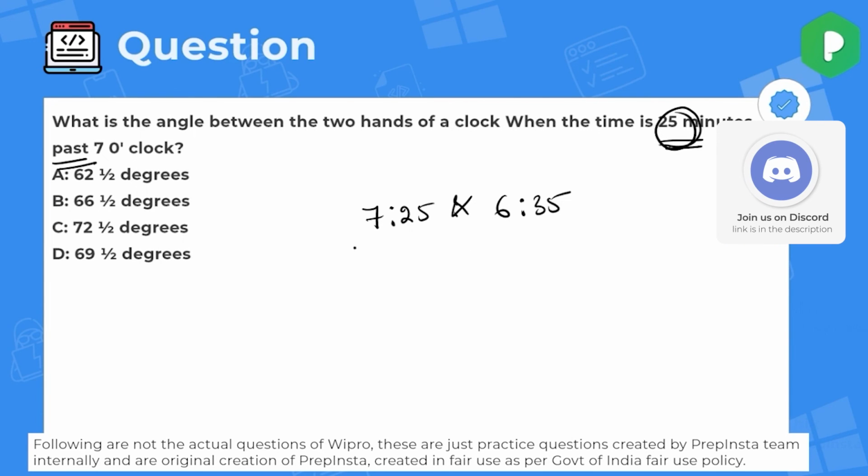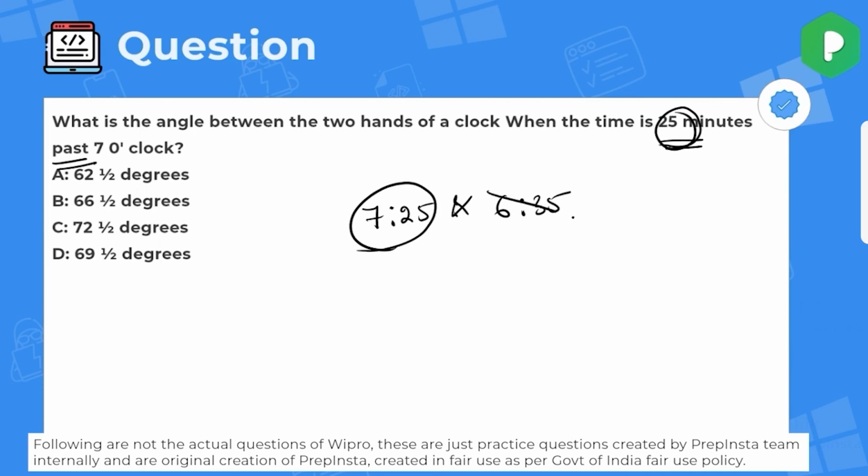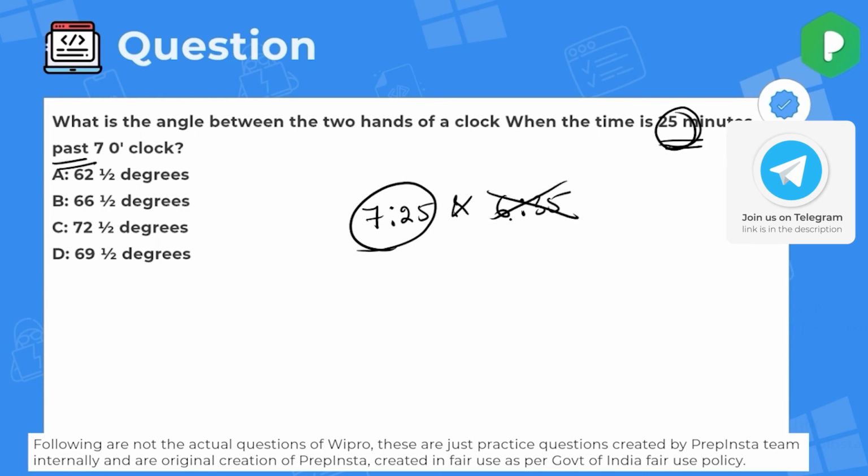So 7:25 is your answer, not 6:35. If 6:35 were the answer, he would say 25 minutes to 7, meaning there are still 25 minutes to reach 7. That's why, based on the terminology, you have to decide the time very quickly.